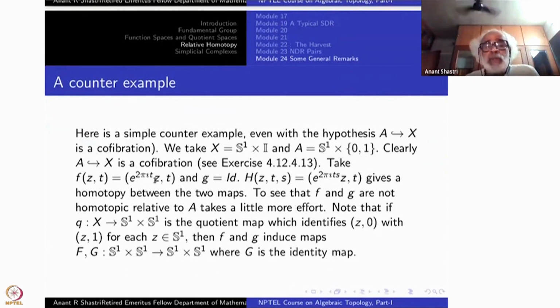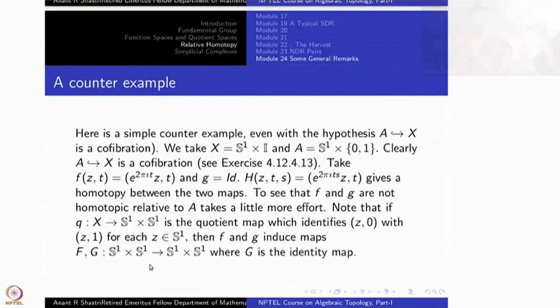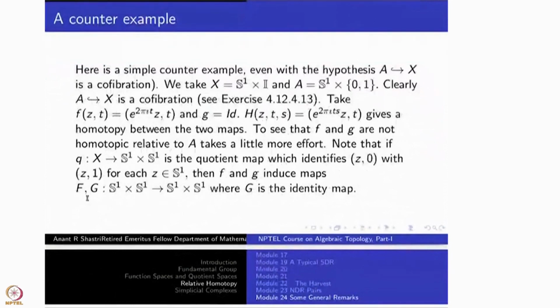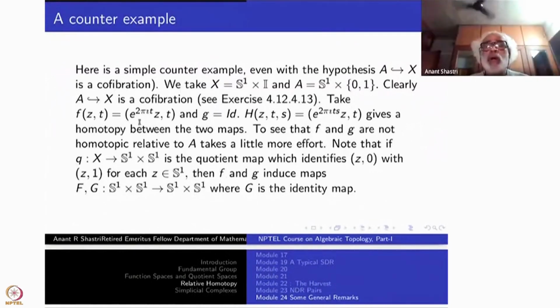Because Z0 and Z1 are not moved by it, it's e power 2 pi it. Right? That's why that makes sense here. All right. But what is the difference between F and G? F fixes the image circle here, the image of the boundaries, the two boundaries of that.